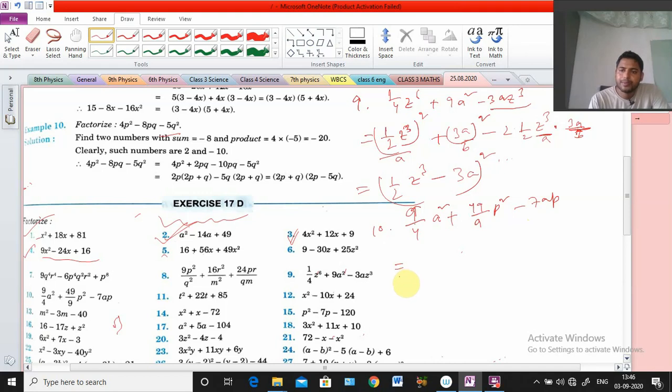Okay, clear? 9 by 4 we can write as 3 by 2 whole square plus 49 by 9, that is 7 by 3 p whole square, minus 2ab. So a means 3 by 2 into a, and b means 7 by 3 into p.